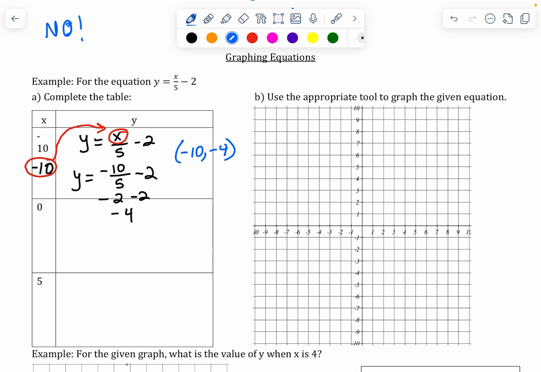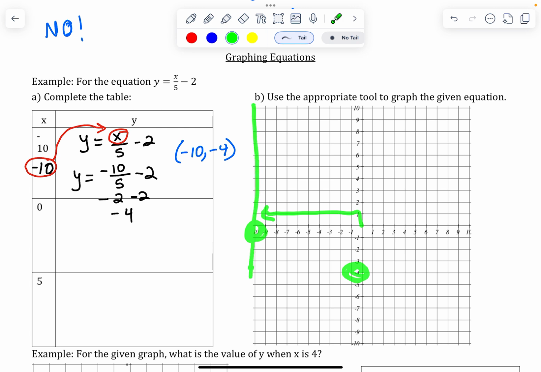We're going to find negative 10 all the way down here to the left on the x-axis. We're going to find negative 4 on the y-axis, and where those two intersect is going to be the point that we need. So we get negative 10, negative 4.